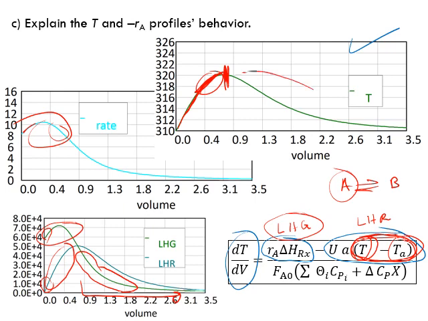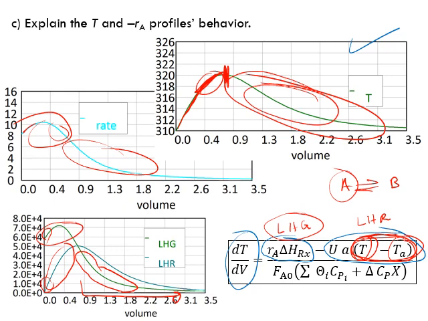Therefore, the temperature continues decreasing. Okay? Why is the localized heat generated small and decreasing, and why is it smaller than the localized heat removed? Well, it's decreasing because the rate of reaction is decreasing. Why is the rate of reaction decreasing? Because the concentration of A is decreasing as well as the temperature is decreasing.